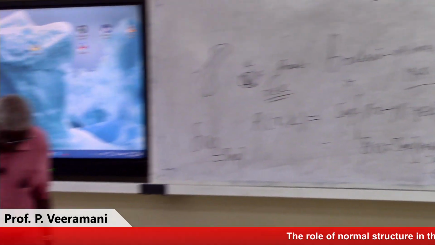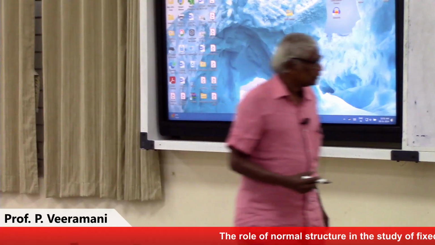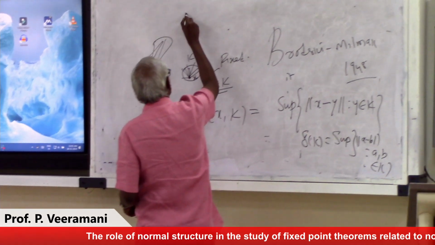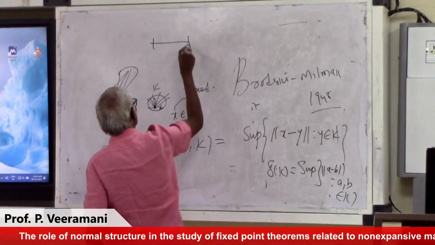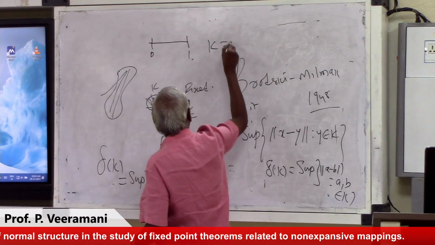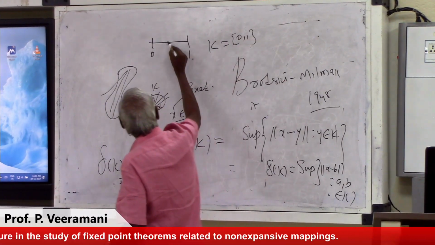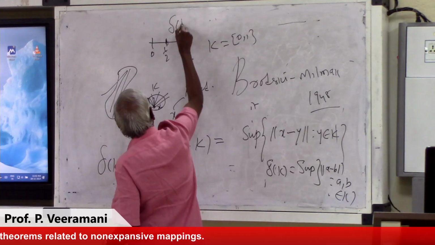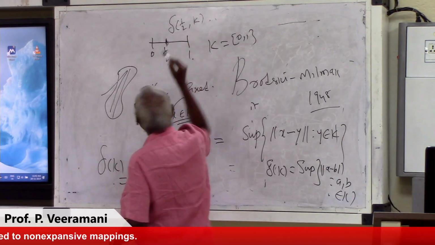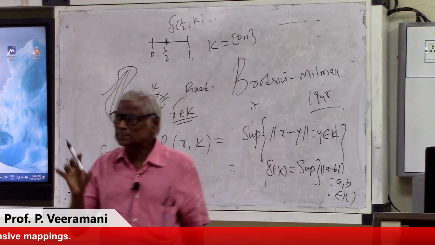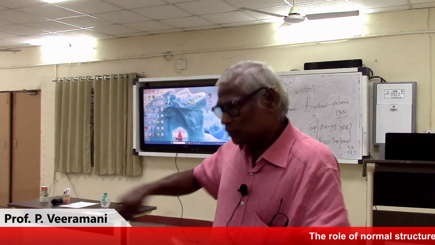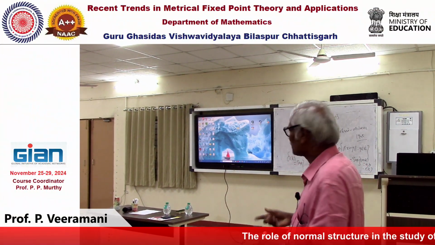It may happen that, even in a simple thing, take the closed interval 0, 1. Our set K is the closed interval 0, 1. I am taking a point, say half. What can you say about delta of half and K? That's why I tell you, even the teacher doesn't have time to spend so much time, because you have to complete the syllabus, with so many examples, extremely simple.